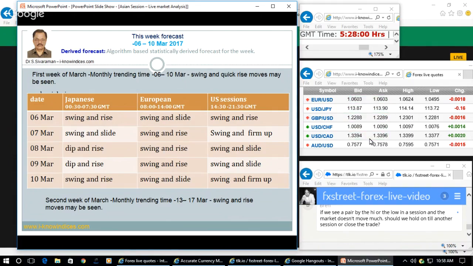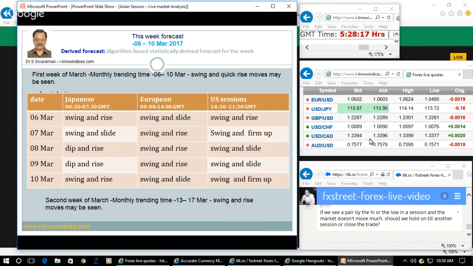Then you can wait for 2 sessions and at the start of the 3rd session close the position with maximum profit. If you are not able to read the intentions clearly, then use the trailing stop in a profit-making position.